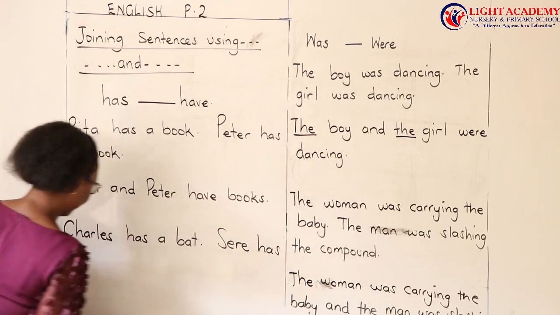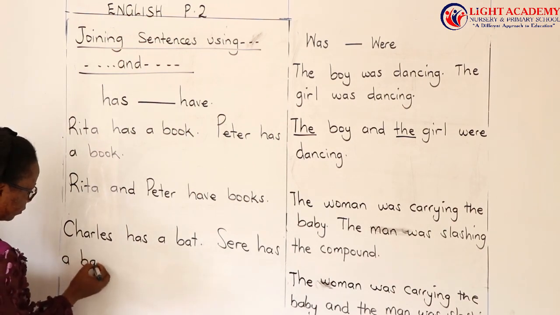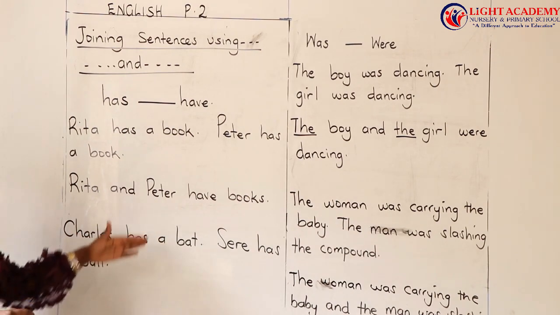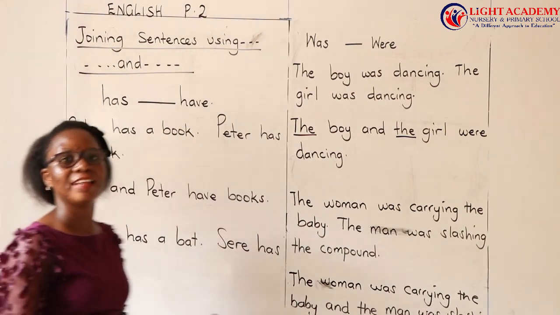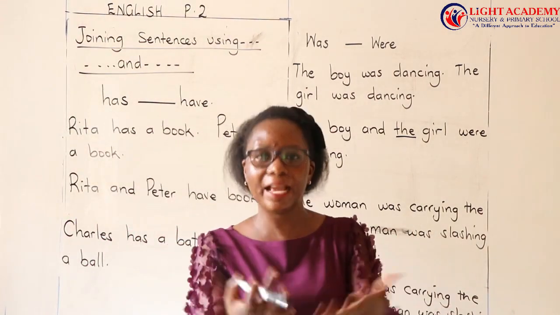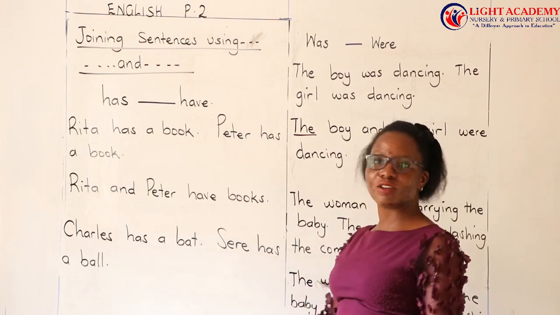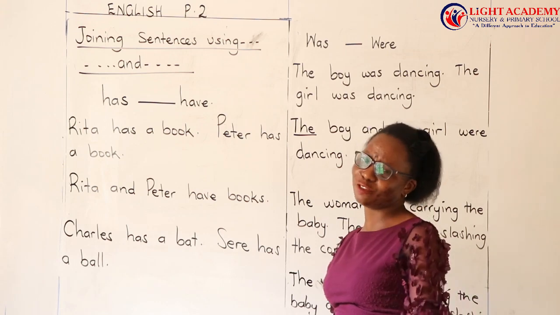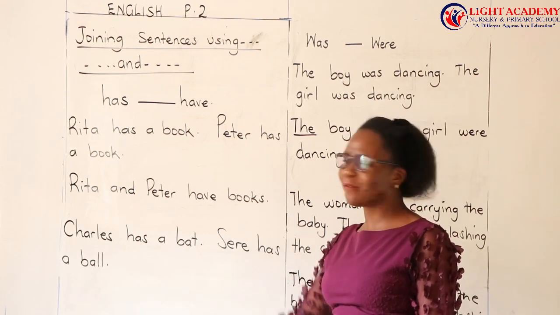Sere has a ball. I want you to look at this sentence here. Charles has a bat. Sere has a ball. Of course, they have different items. They have different items they are holding. Charles is holding a bat. Sere is holding a ball. So let us see if the has will change. Automatically here it will not change. Why? Because the items they have are different.